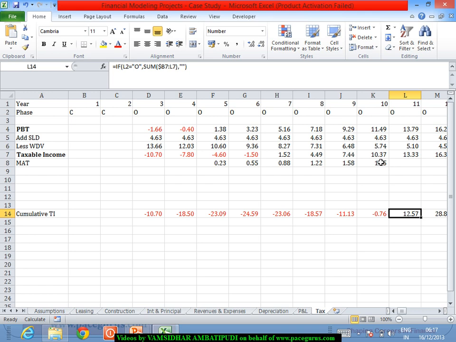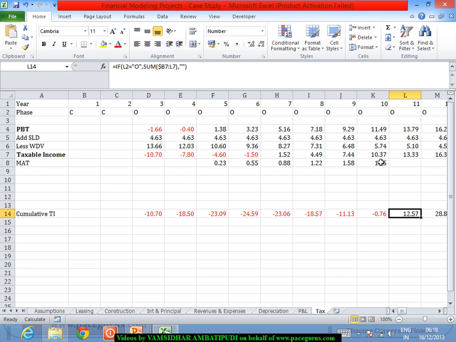Though for my P&L statement this may not be applicable, whatever I am paying in the form of MAT would be credited also, means I can reduce my tax to the extent of MAT that I have already paid.